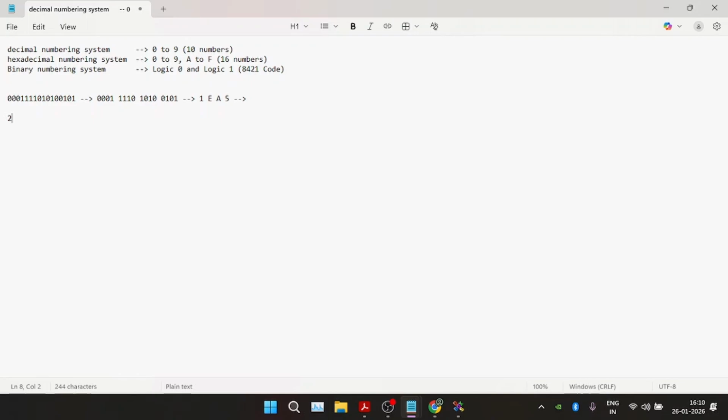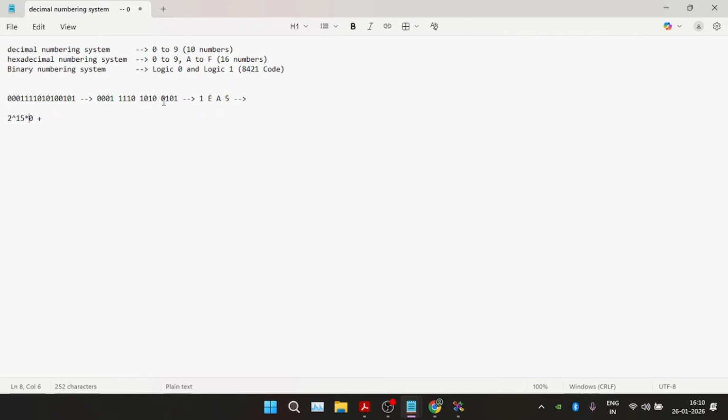So 2 power 15 multiplied by 0, because the weightage of this most significant bit is 2 power 15, but its logic is 0. We should not add this particular bit, hence it should be multiplied.